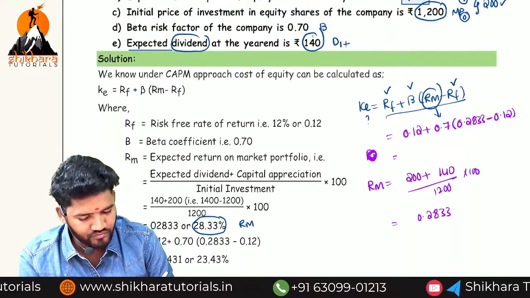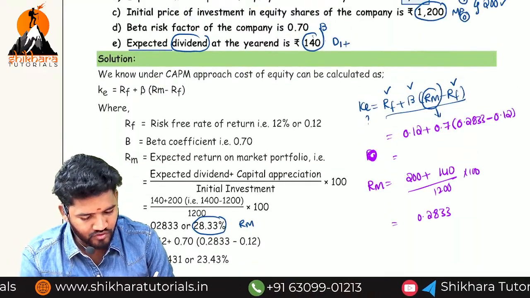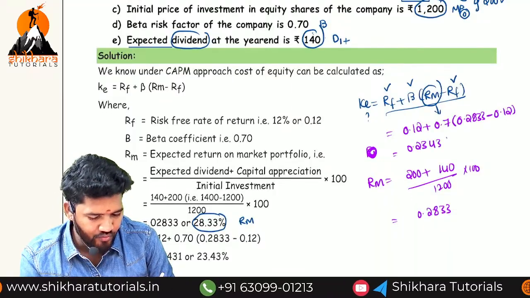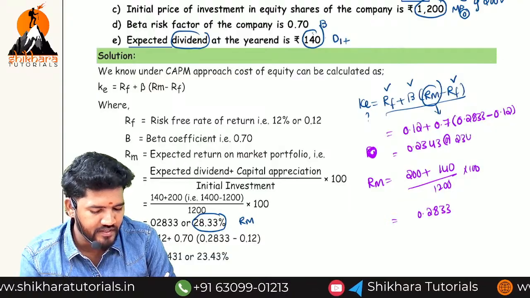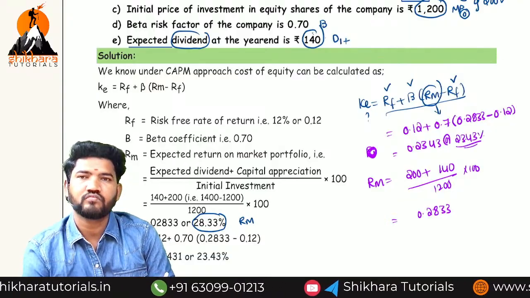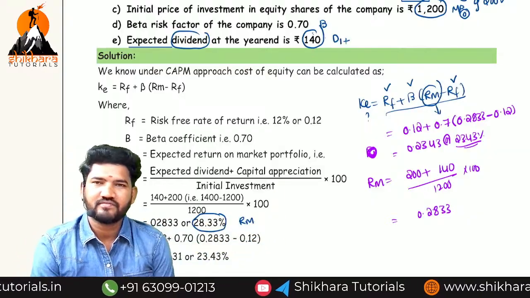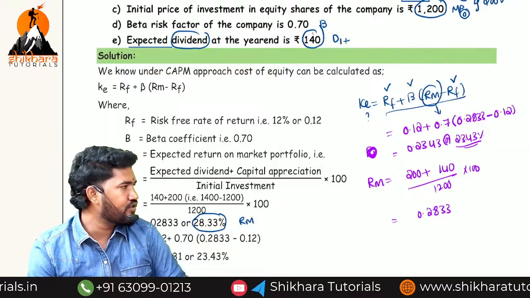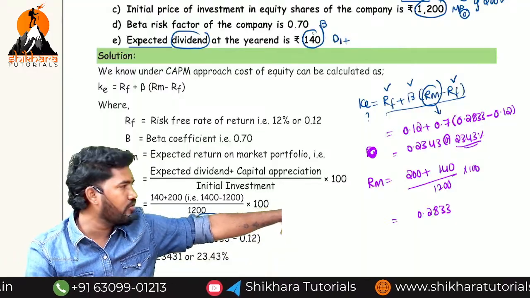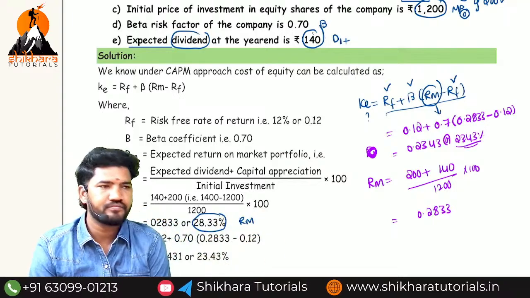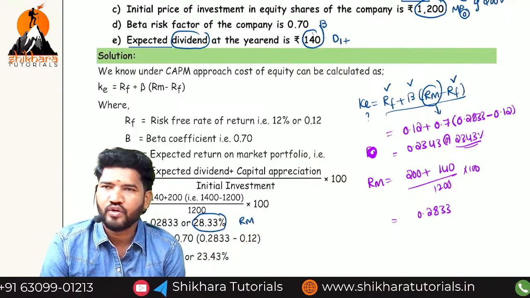Answer? 0.2343 or 23.43%. If your calculation was wrong, you started from the beginning. As I said, first calculate the bracket value, then multiply with the value before the bracket, then sum with 0.12. Any doubts? Sure?